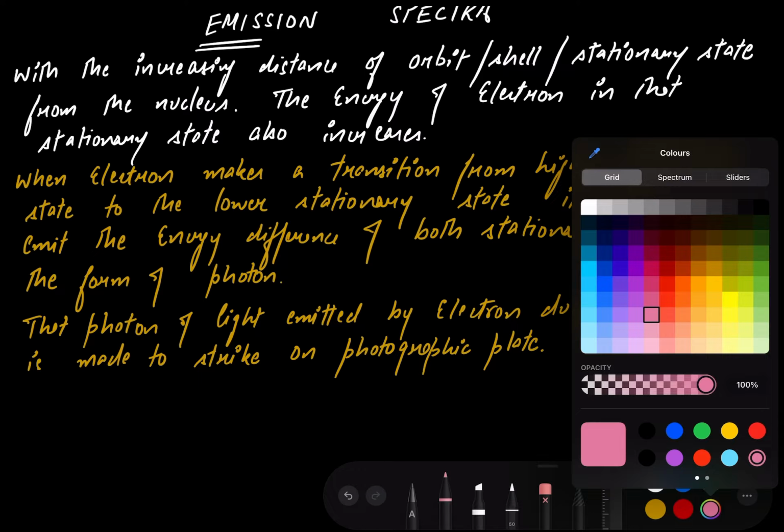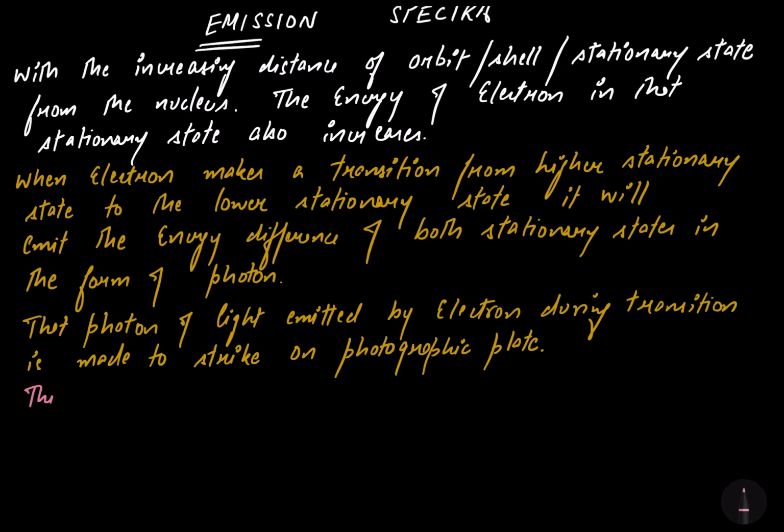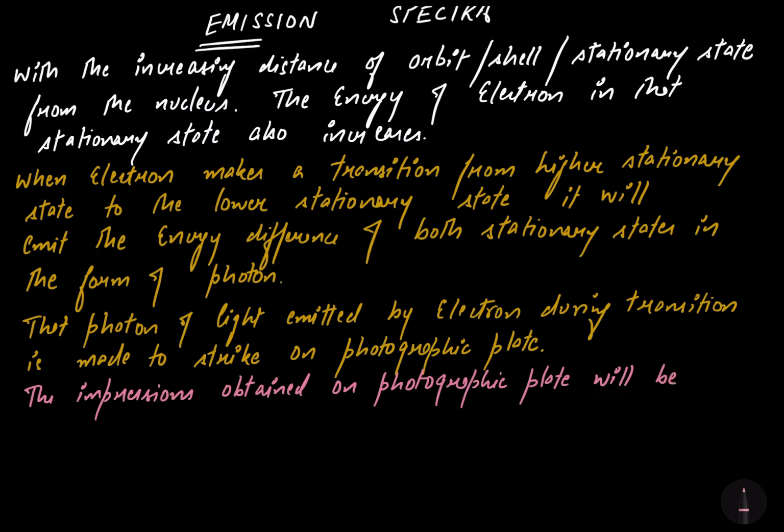So the impressions obtained on photographic plates will be termed as emission spectra, as that spectra has been obtained by the photon that has been emitted by the electron during a transition from a higher stationary state to a lower stationary state.